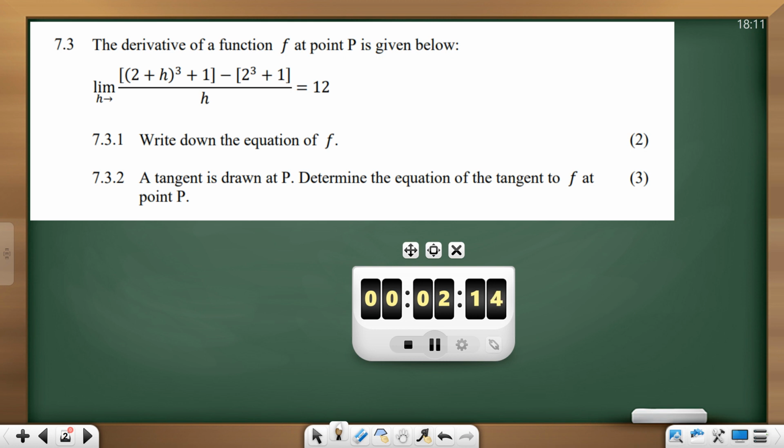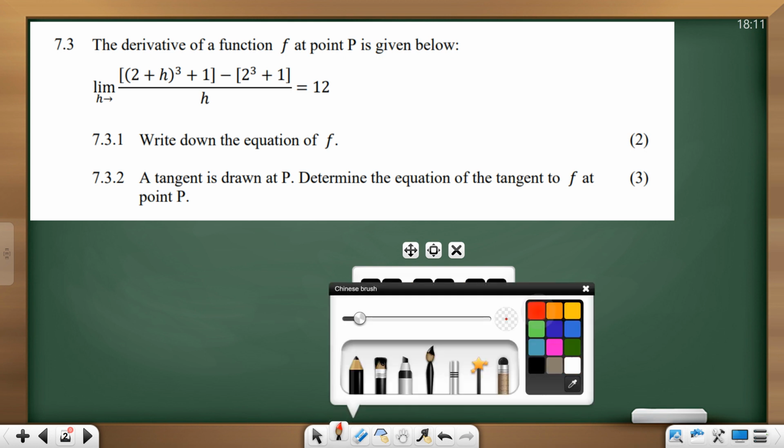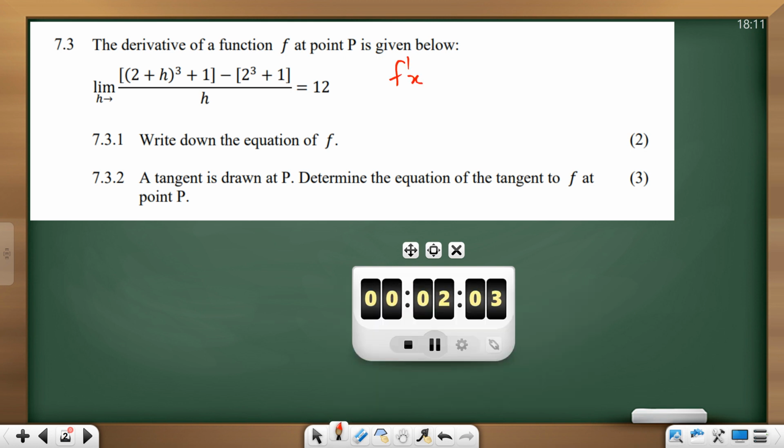Guys, please compare. Listen, compare this to your limit. It's about comparison. Compare this to f prime of x. h approaches 0. f prime of x equals what?